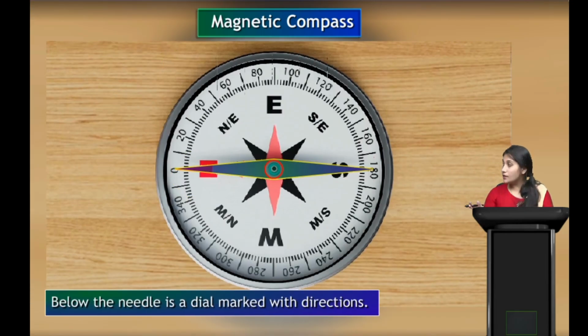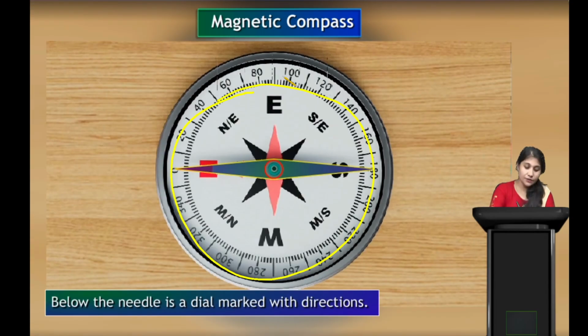And now below the needle is a dial marked with directions. Below the needle means this part, all this part. Dial means this part. This dial is marked with different directions.